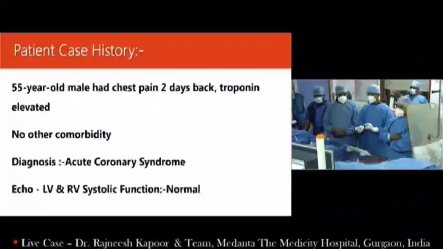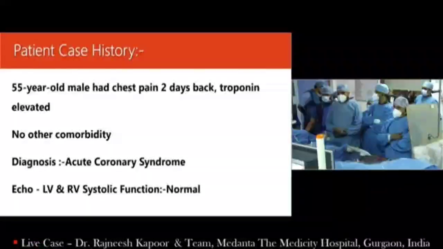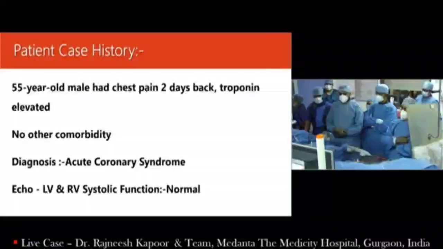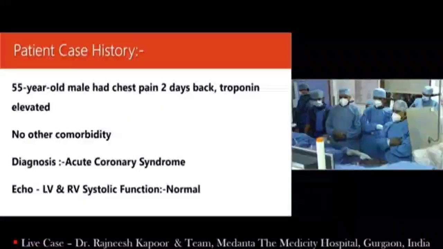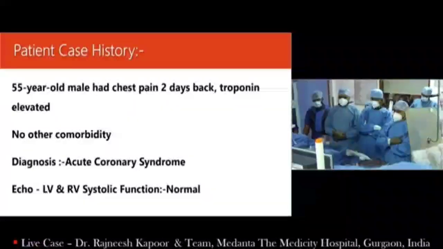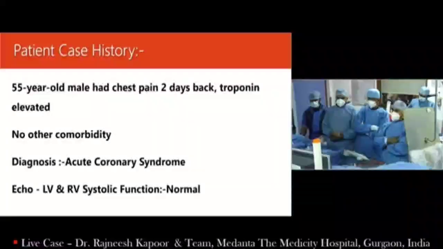Okay. So this is a patient who came to us yesterday, a 55-year-old male who had an episode of chest pain a few days back, and there were ECG changes and troponins were mildly elevated. There is no other morbidity, but the patient is quite obese, slightly more than 100 kgs.